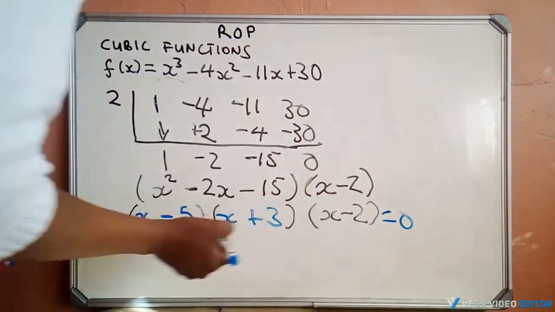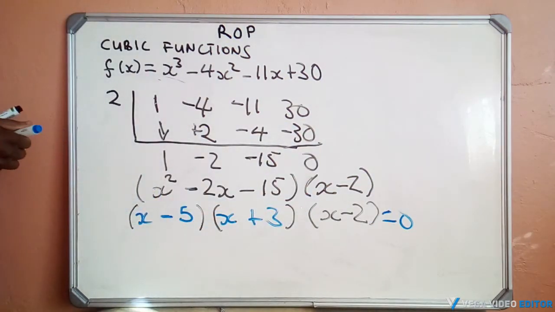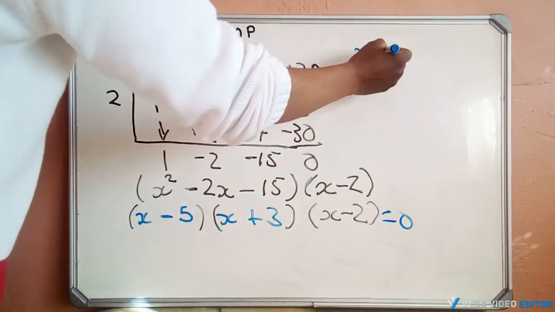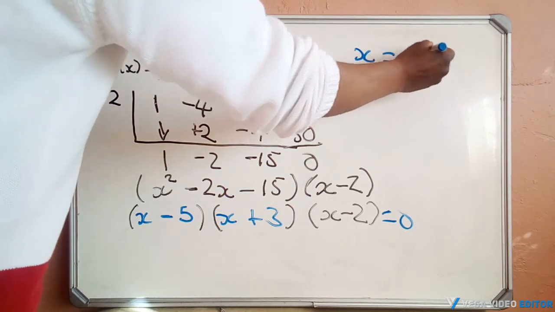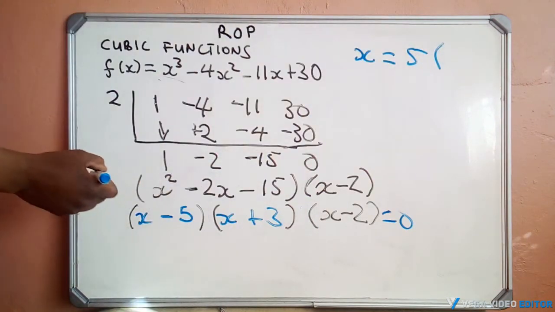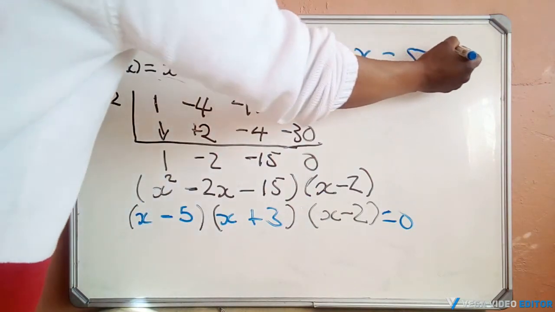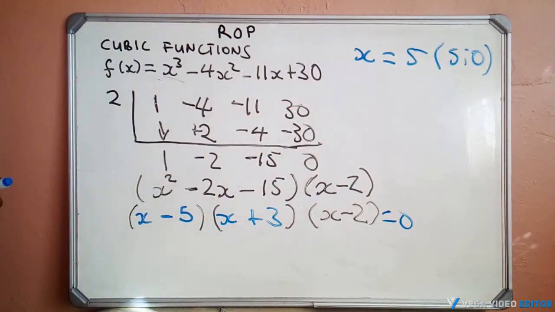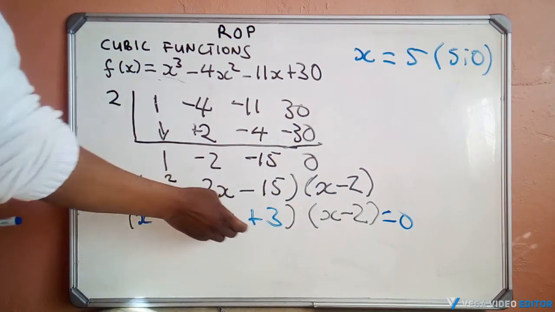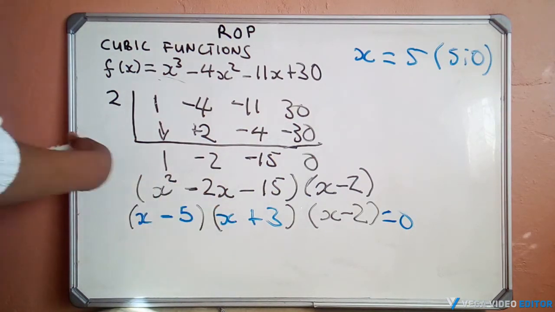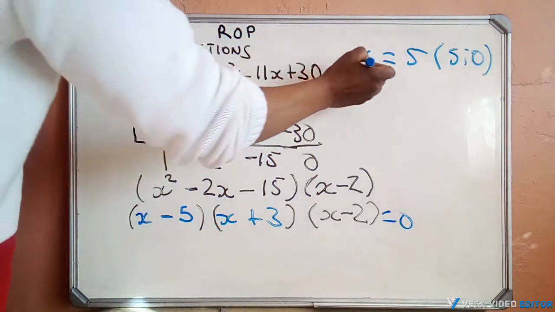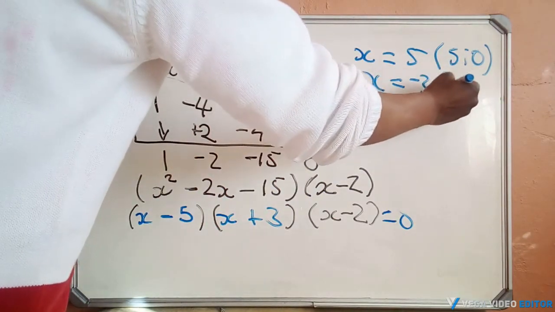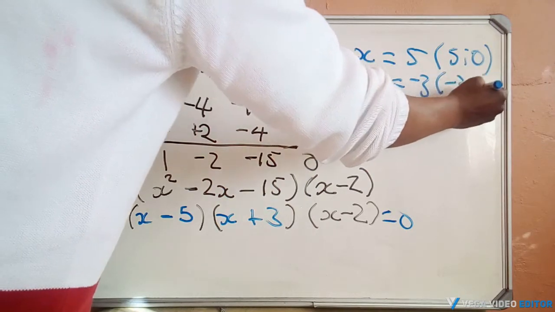If we take x minus 5 equals 0, this will give us x equals a positive 5, and then it will give you the intercept as 5 and 0. Those are the coordinates. And then the second one, x plus 3, will give you x equals negative 3. So we've got negative 3 and 0.